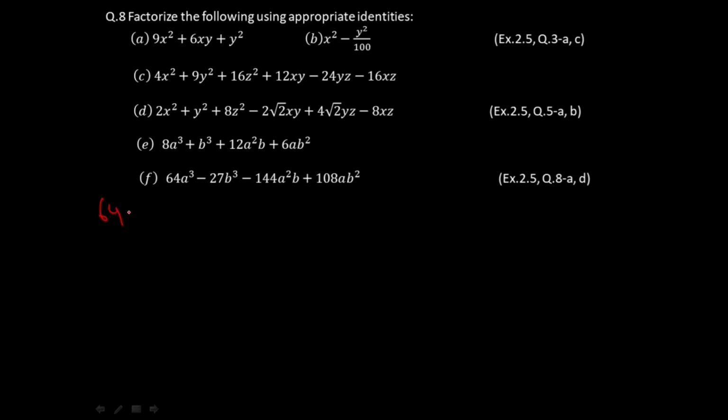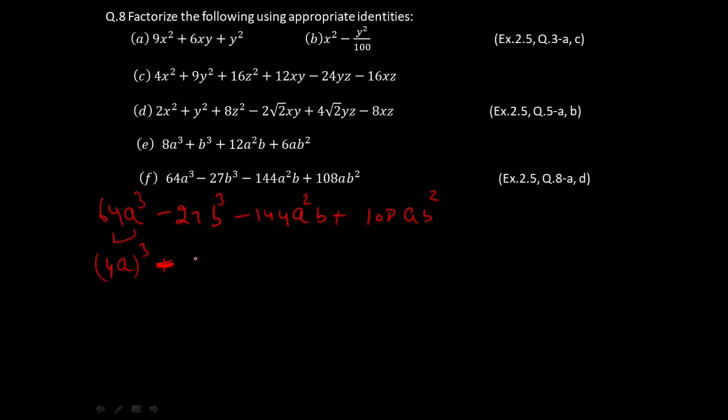In this part, 64 a cube minus 27 b whole cube minus 144 a square b plus 108 a b square. Again, my dear, this is a perfect cube of 4a whole cube. A cube, okay, this is a negative.